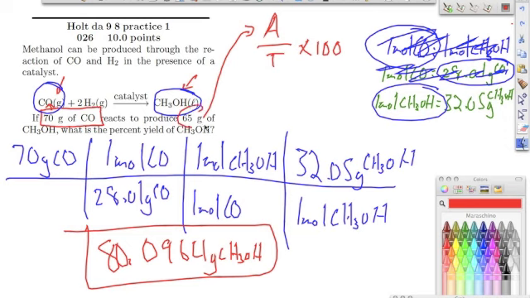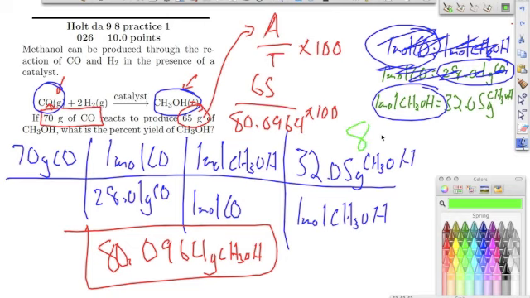Here is our actual. So we'd have 65 all divided by our theoretical of 80.0964 times 100, and we would get a percent yield of right around 81.1522%.